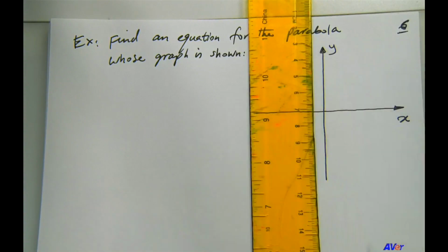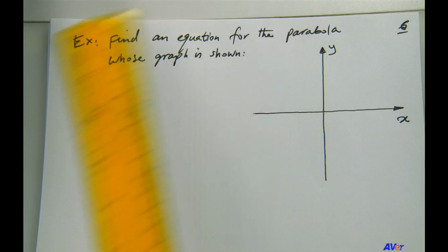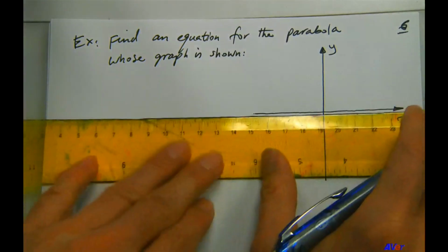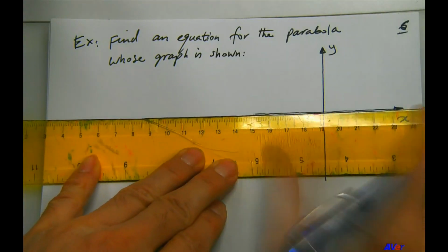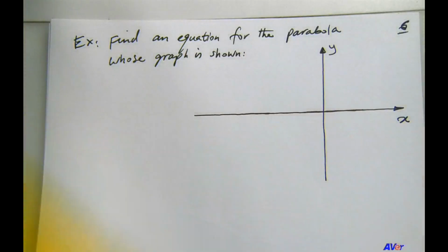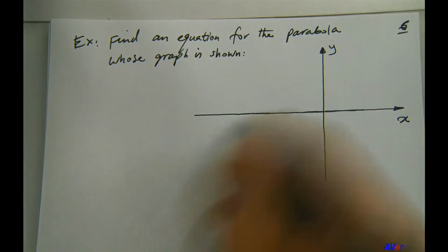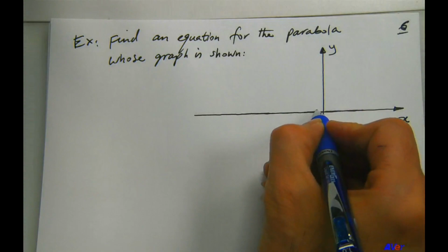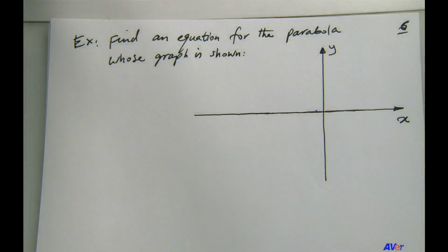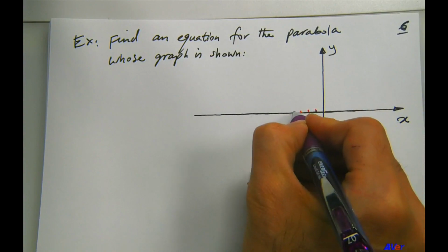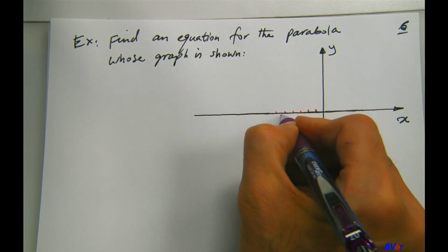Like that. And I need to actually extend this x-axis a little more, otherwise I won't be able to draw my directrix. That's better. So the vertex here is at negative 6 comma 0. So we have, let's say that's negative 1, negative 2, negative 3, 4, 5, 6.